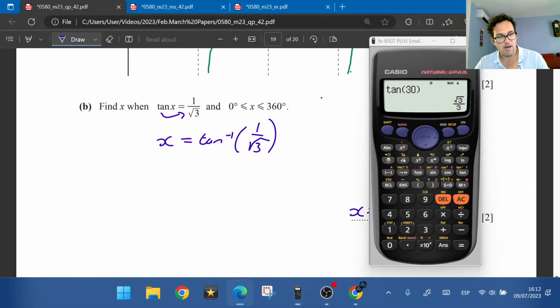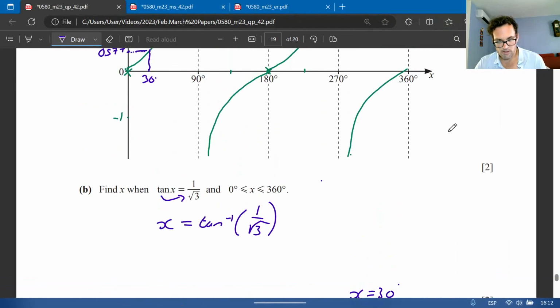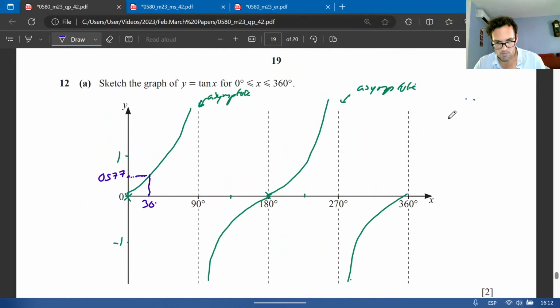But that's not the whole story, because they say you need to find all the answers between 0 and 360, and if we were to continue along here from 0.577, we will cross the graph again and go down. What is that angle there? Because the graph is very symmetrical, if this distance from here to there is 30, this distance from here to there would also be 30.